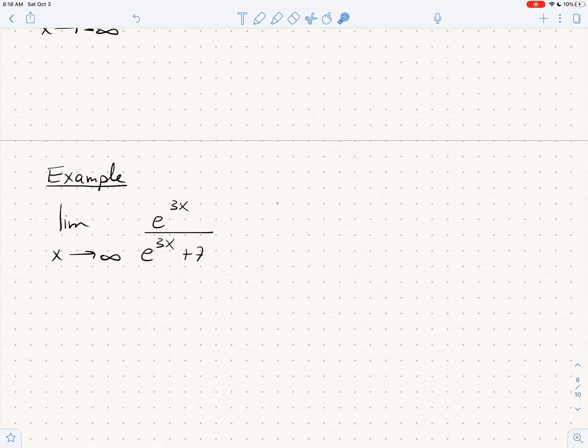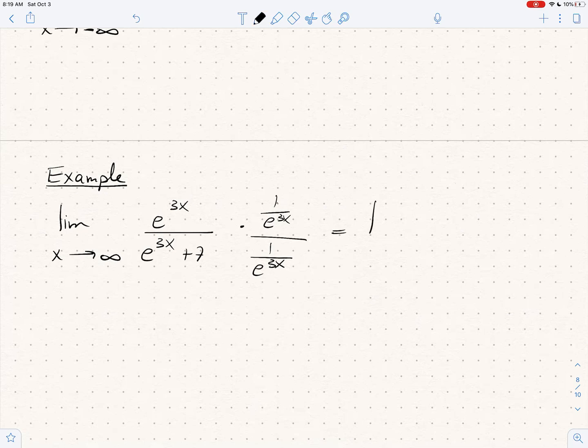When we were working with polynomials, we would multiply top and bottom by 1 over the highest power of x downstairs. And it's a really similar idea here. I'm going to multiply top and bottom by 1 over e to the 3x, and I'm getting that from downstairs. I would take whatever's downstairs and do that.